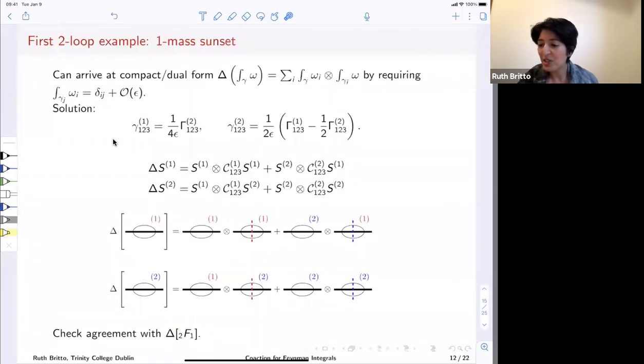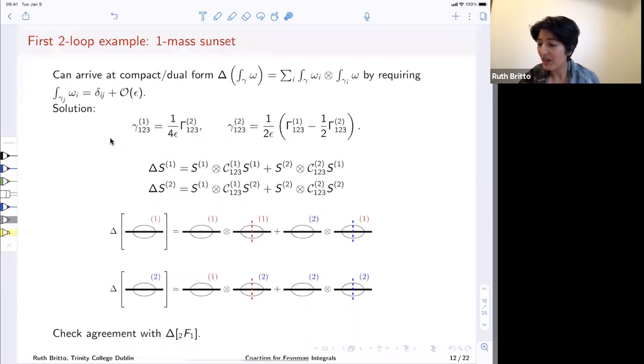So now to rotate to the dual form, the small gammas, we rotate the basis such that we impose this condition. So these are the linear combinations of those contours that satisfy this relation. And that allows us then to write down the coaction in a very clean form, which we can write as a formula.